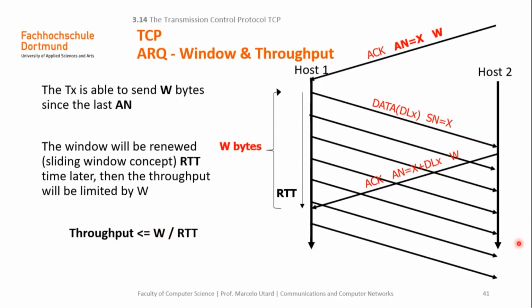This is what is called flow control. Or we could use a window of fewer bytes than the advertised window, in order to avoid the overflow of the queues in the network. Remember, in a packet switching network, there are several queues.